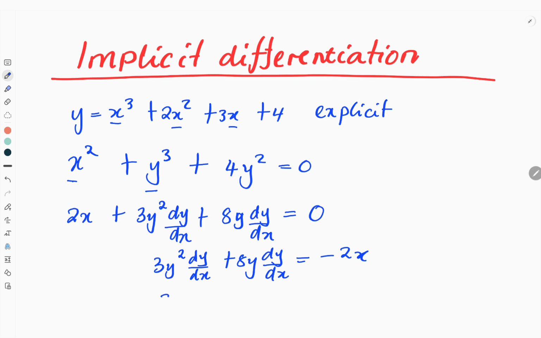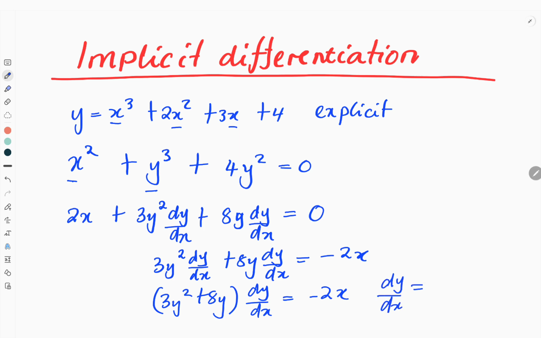So (3y squared plus 8y) dy dx is equal to negative 2x. Then you divide both sides by 3y squared plus 8y. That gives you dy dx is equal to negative 2x divided by 3y squared plus 8y.